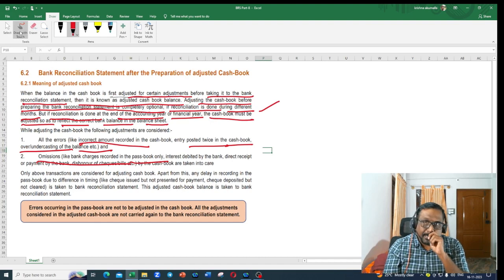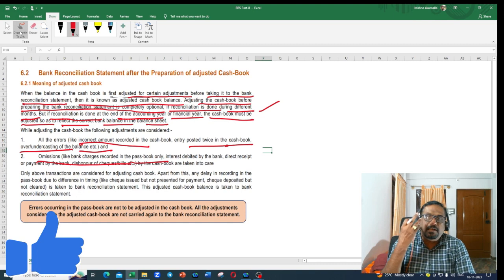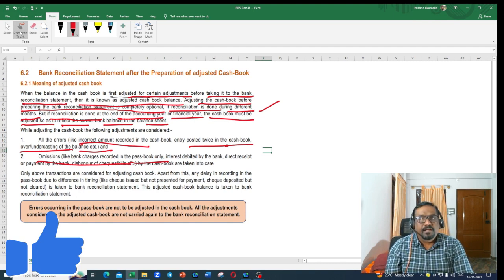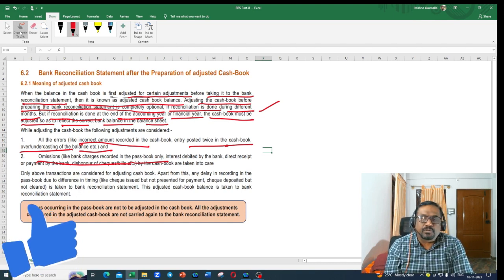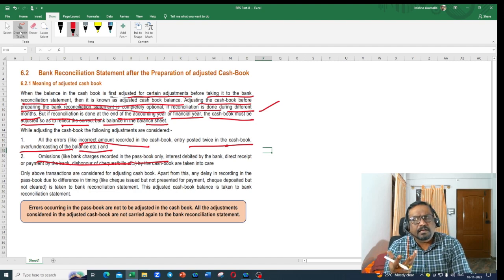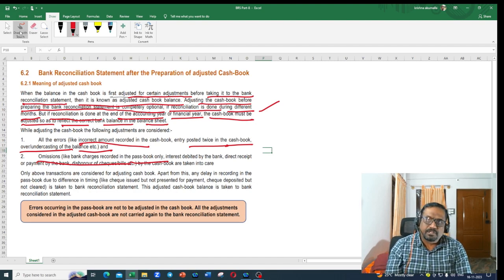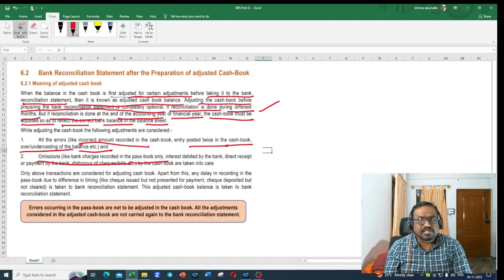If that is done, then that is called an adjusted cash book. Because whatever entries were omitted in the cash book you recorded, and whatever errors were committed in the cash book you have rectified, that cash book is called the adjusted cash book. Once these mistakes are rectified, you can prepare the bank reconciliation statement.